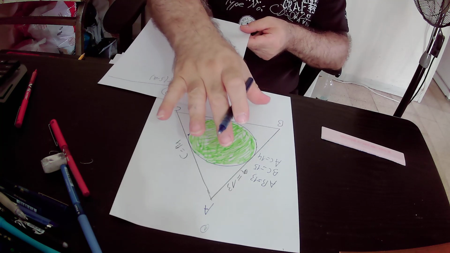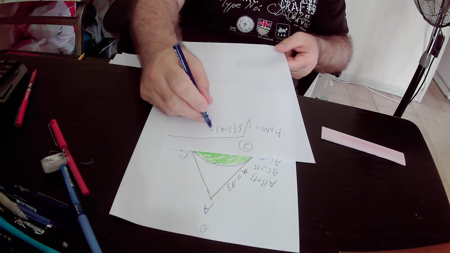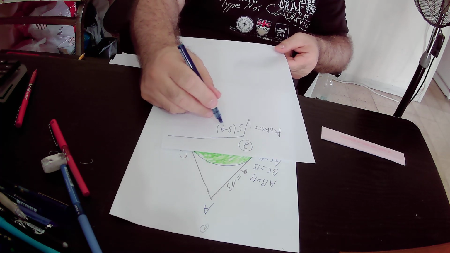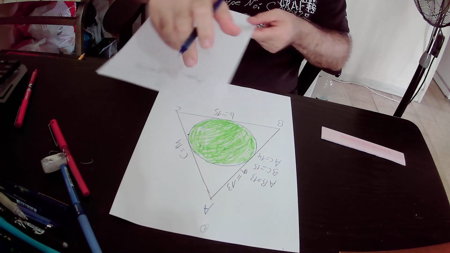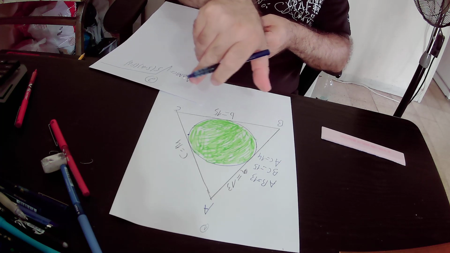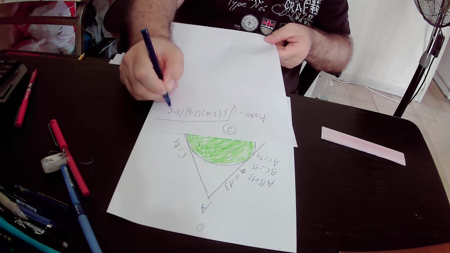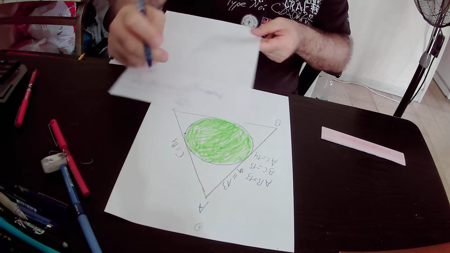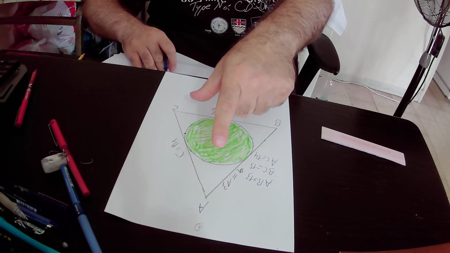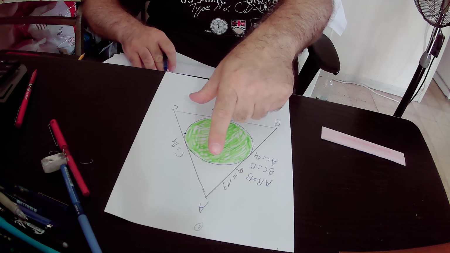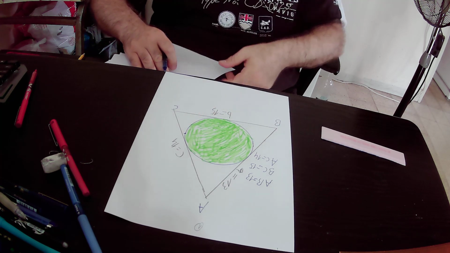A is the size of side AB, that is 13 units. Times S minus B, where B is the size of side BC, times S minus C, where C is the size of AC, that equals 14 units.